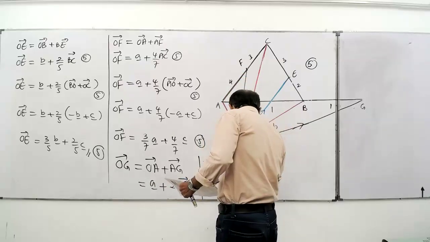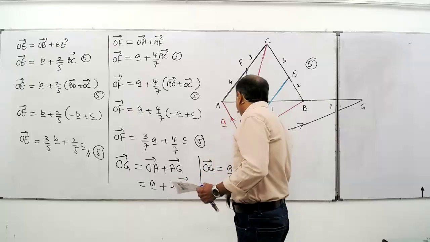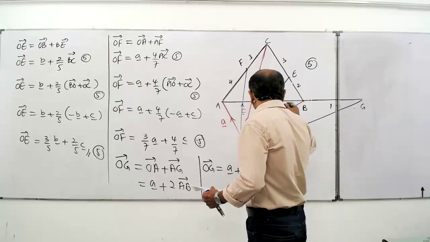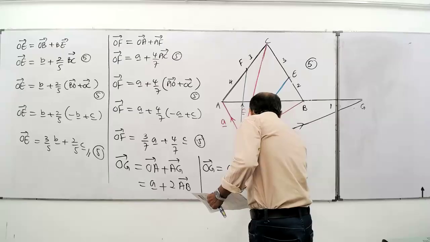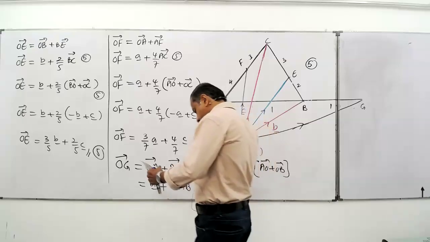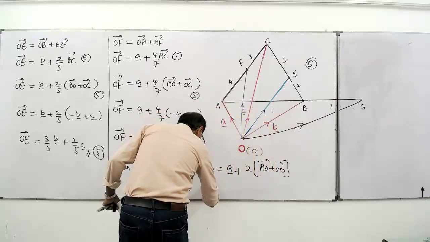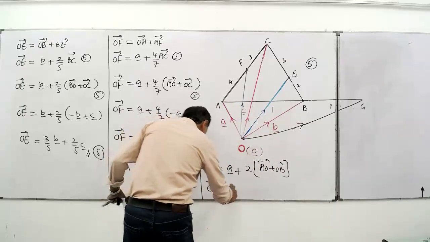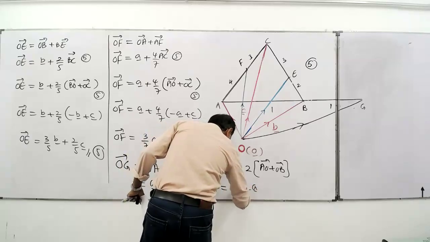Then simplify this, and we get the OG answer: 2B minus A.